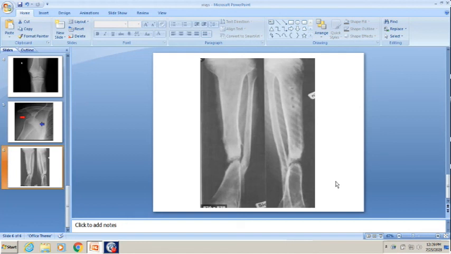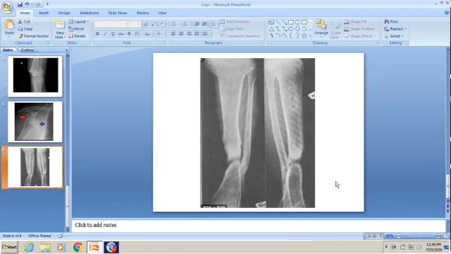My question is, is non-union always painful or painless? Sir, they usually feel pain at the site of the fracture. Usually non-union is painless, but there are some conditions where you will get painful non-union.